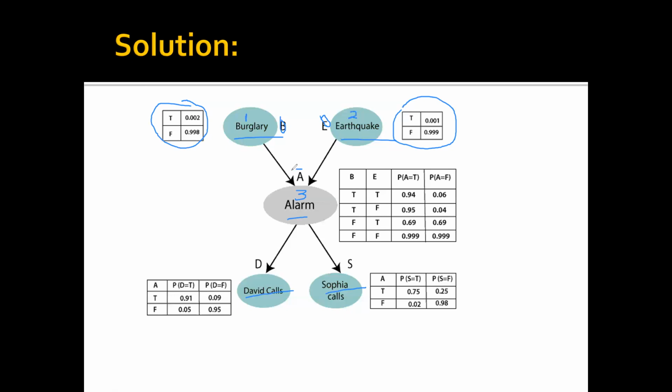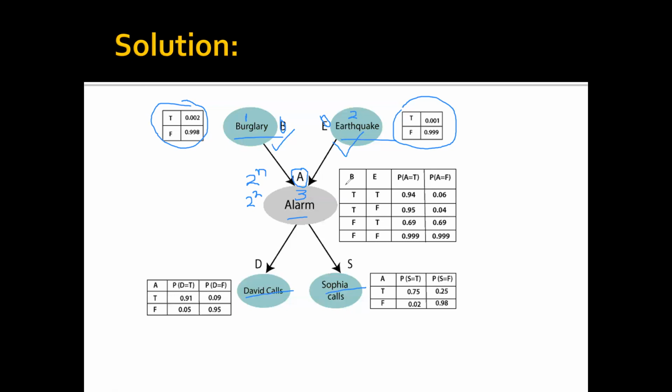Now you can see why this A table has 4 combinations, because from the graph A is dependent on burglary and A is dependent on earthquake. Whenever we have to calculate the probability outcomes, it depends on how many events. This is the formula, 2 to the power n. So alarm is dependent on 2 events, 2 to the power 2, so we will have 4 combinations of the possible outcomes.